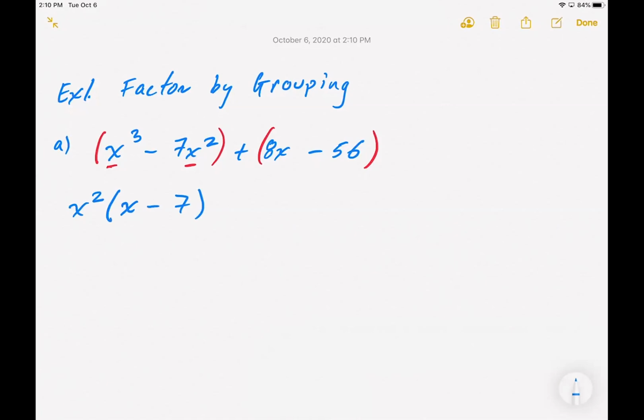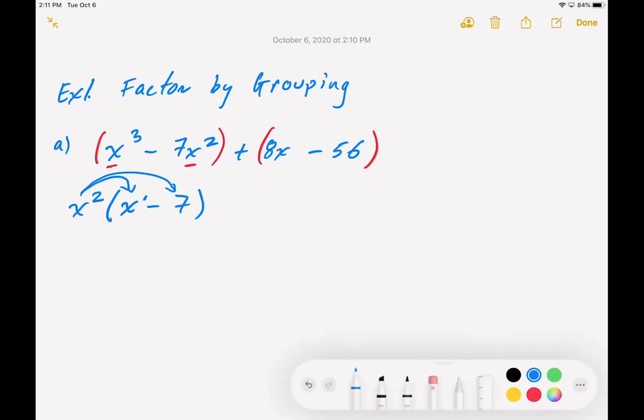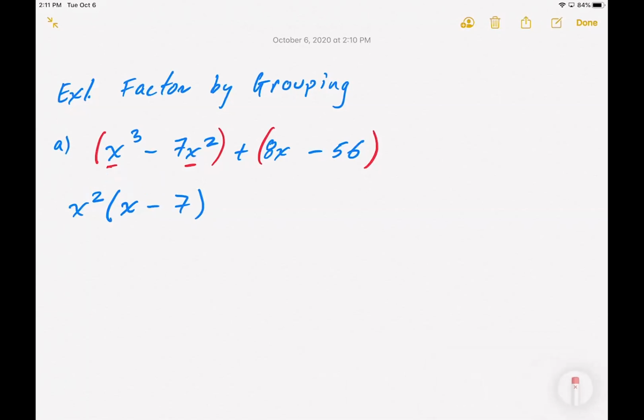If you were to distribute this item back, everybody see that x to the second times x to the first will give you x to the third. And x to the second times a negative 7 will give you negative 7x to the second, right? If you were to distribute it back, but we don't need to distribute it back. I'm just telling you that if you were to.